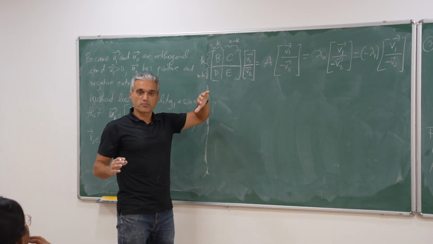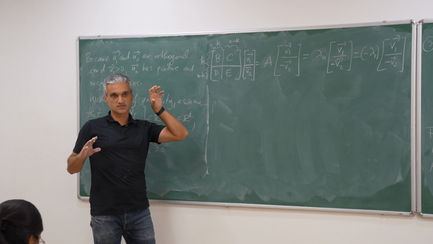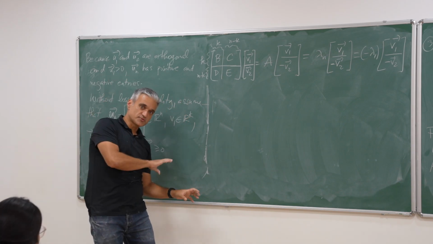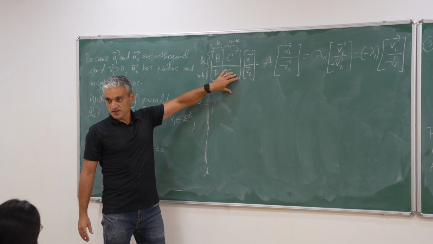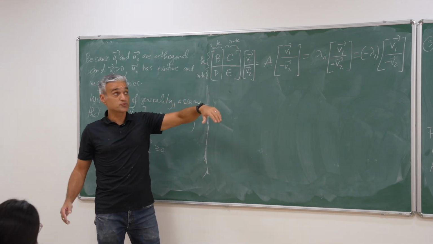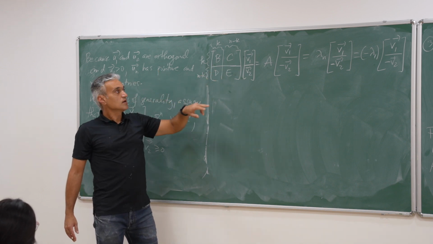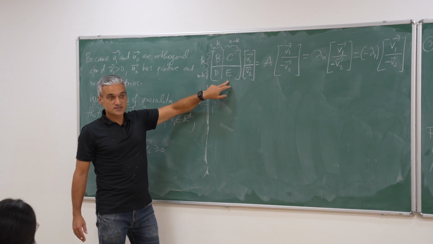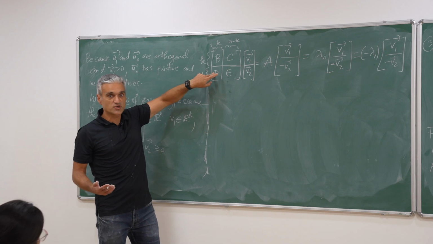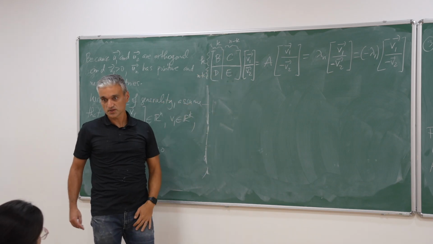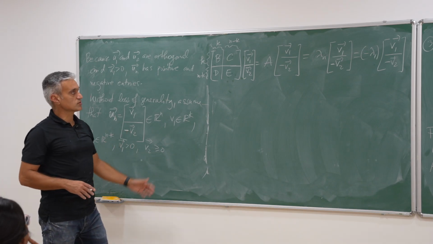You want to find a partition of the vertex set such that the matrix is going to be 0, something, transpose of something, another 0. So our goal now is to get rid of B and E. Clearly C and D are going to be the transpose of each other, but just leave it like that for now. If I can prove that B and E are 0, then the adjacency matrix will be a block of 0, something, transpose of something, and 0.